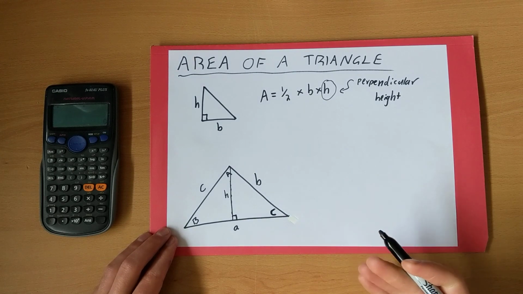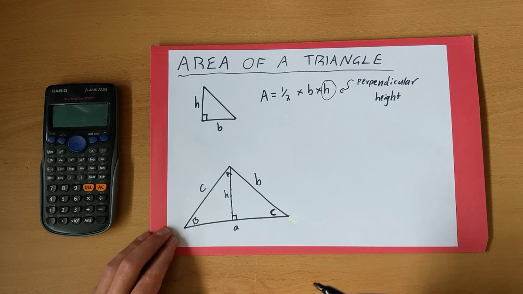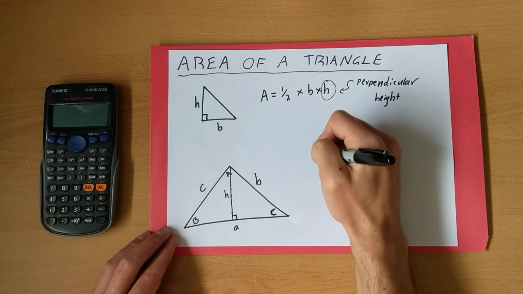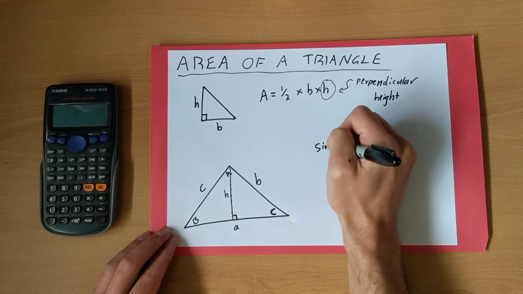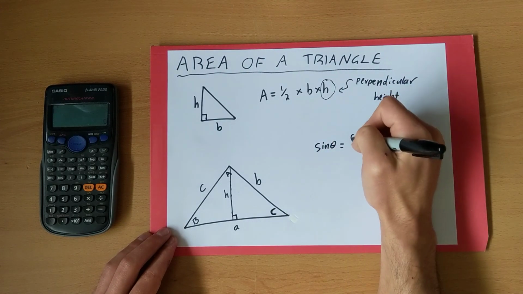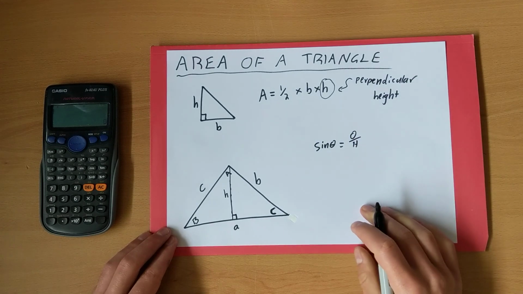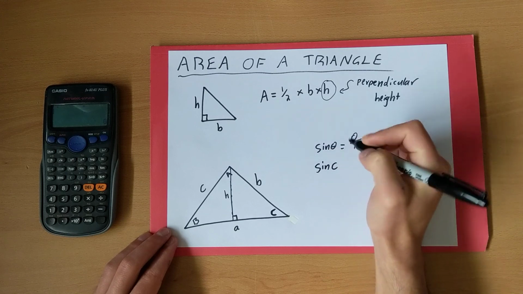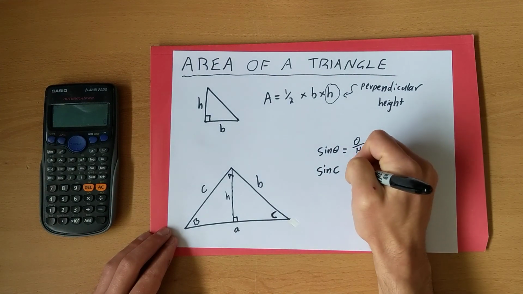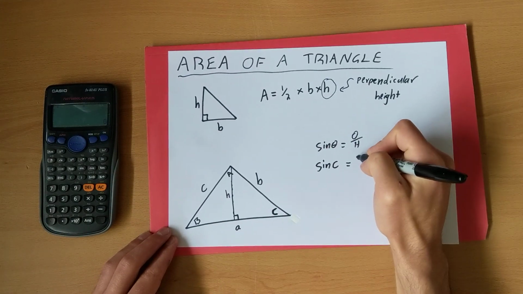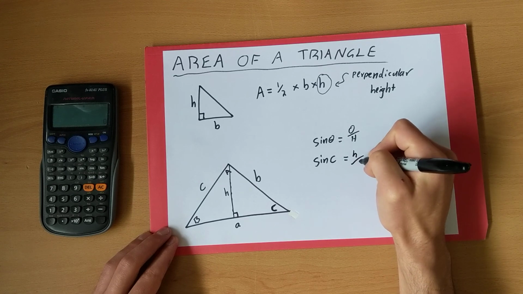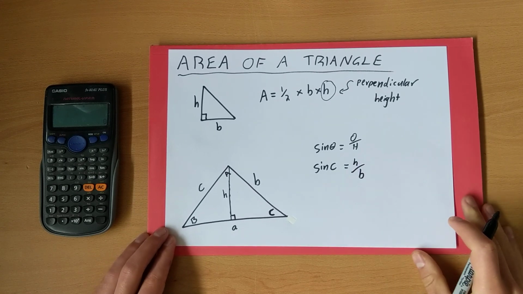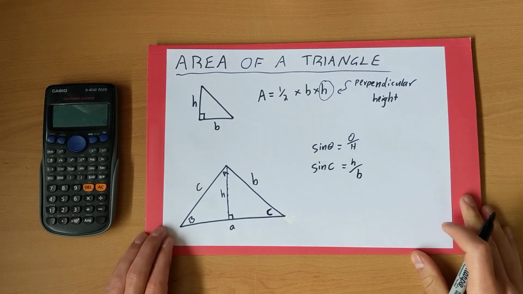So which is the one that has the opposite and the hypotenuse? That is sine, because we know that the sine of an angle equals the opposite over the hypotenuse. So in this case, we know that sine C, where C is my angle there, equals the height, h, divided by the side length, b, which in that right-angled triangle is my hypotenuse.